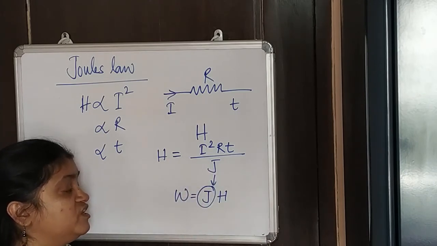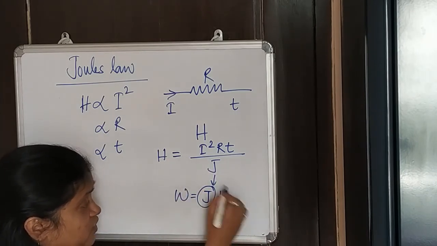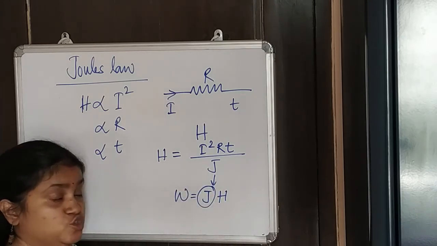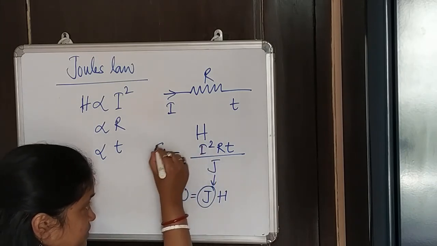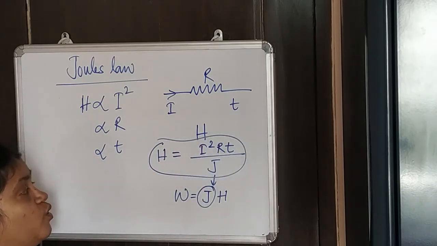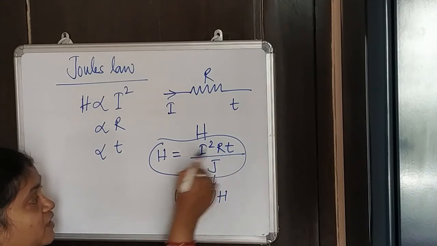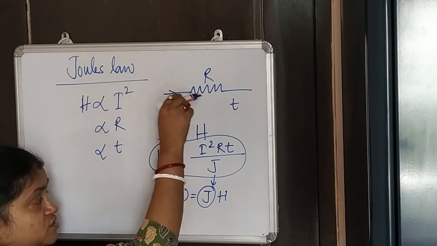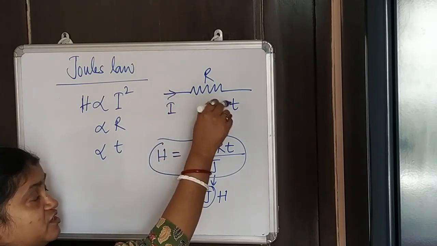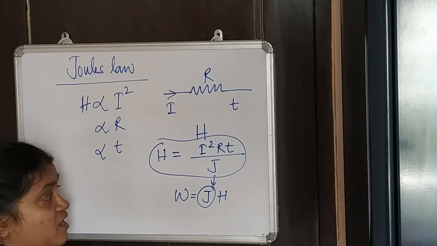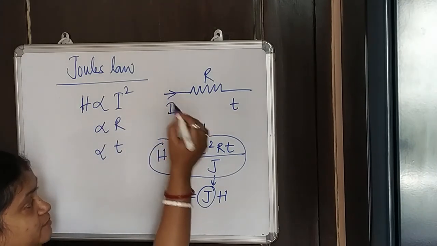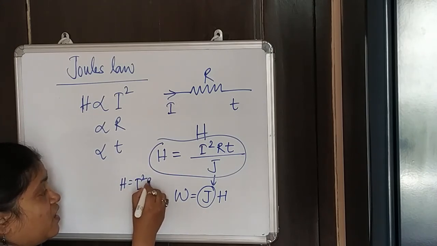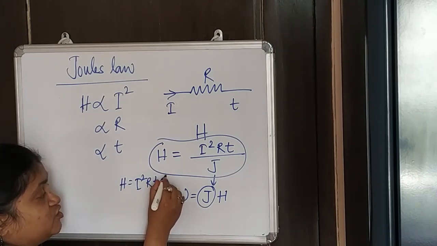So here also we know this particular equation in terms of Joule. Joule's equation of H equal to I square R T says that if I amount of current flows through a circuit for T time with a resistance R, then there will be heat production. The amount is I square R T, that much joule.